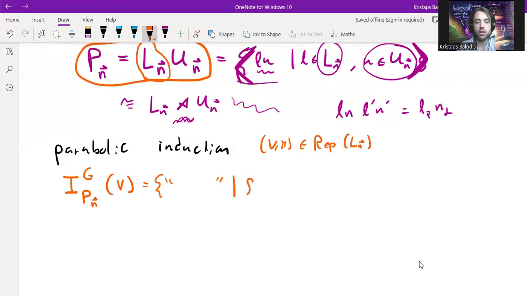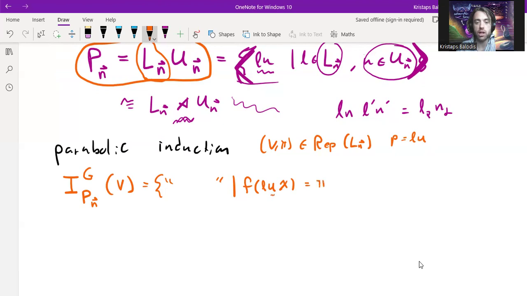the condition is now going to be f times, now something, so this will be f. And now everything in my parabolic subgroup factors as L and U. So if I have something in the parabolic, it'll look like L times U. And so we basically just forget about this unipotent part.